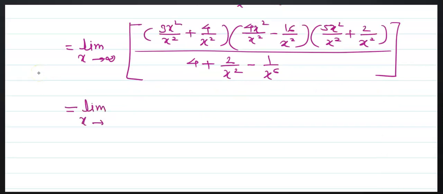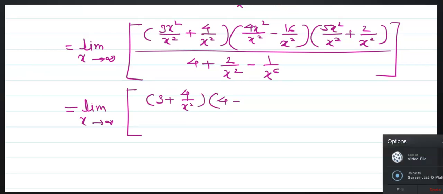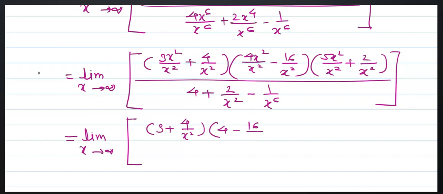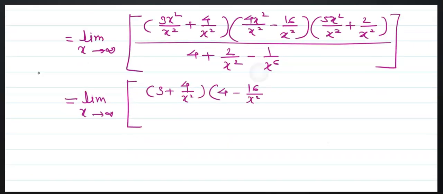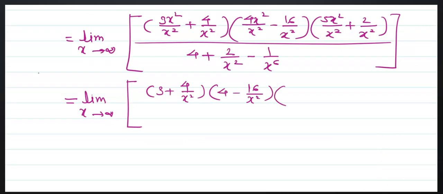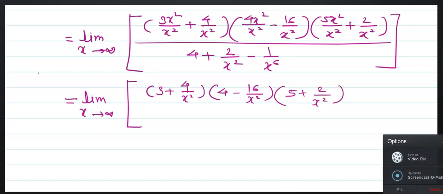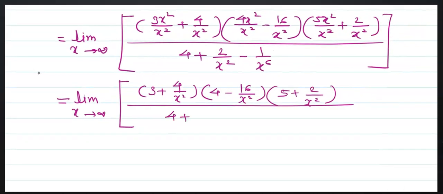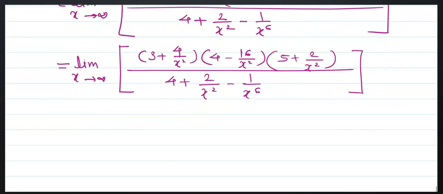Now cancellations. Limit x tends to infinity (3 + 4 upon x²) into (4 − 16 upon x²) into (5 + 2 upon x²), bracket complete, upon 4 + 2 upon x² − 1 upon x⁶.